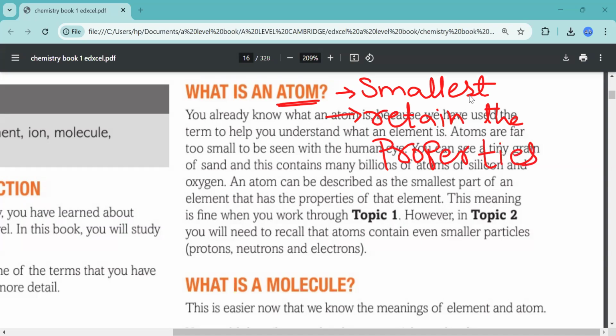You can recall that the atom contains subatomic particles: electrons, protons, and neutrons. But we don't need to go into the depth of these subatomic particles right now.